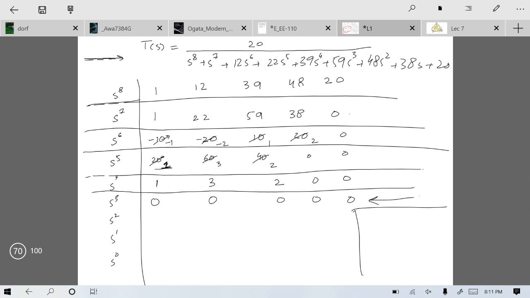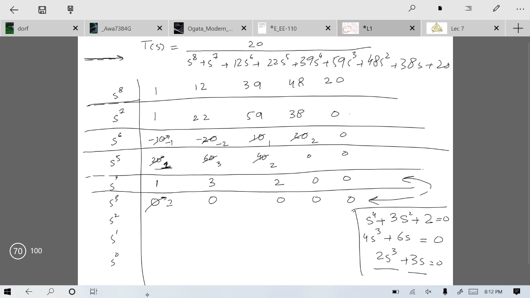When you have a complete row equal to 0, see the row above that 0 row and make an auxiliary equation out of it. So the auxiliary equation in this case would be S4 plus 3S squared plus 2 is equal to 0. After taking the derivative, 4s cubed plus 6s is equal to 0, which I can also write as 2s cubed plus 3s equal to 0. So 2 and 3 are the coefficients.